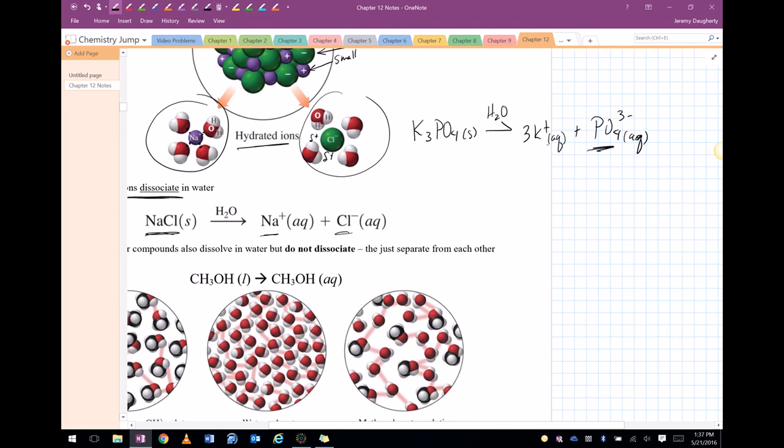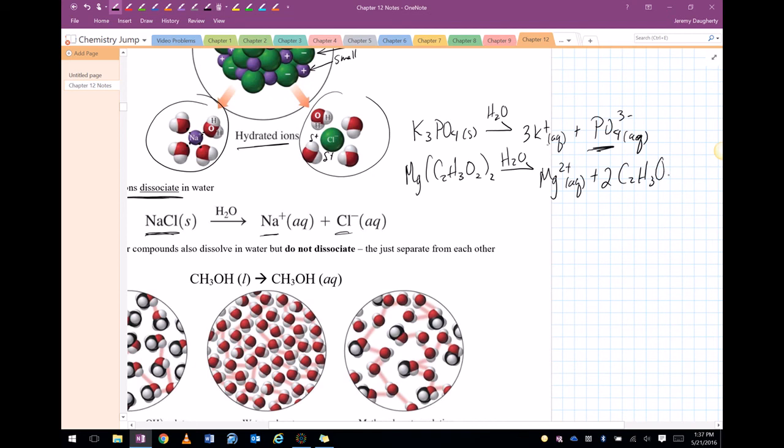Let me show you one more just because it's valuable to have this one. Let's say magnesium acetate. If I could write it, it'd be easier. Okay. When I throw magnesium acetate in water, which is an ionic compound, I'm going to get the magnesium ion plus 2 of the acetate ions.